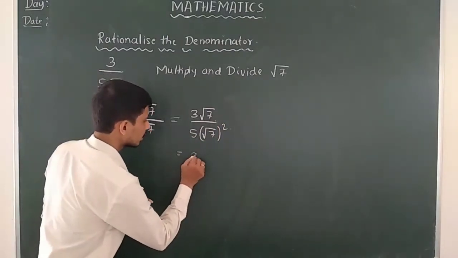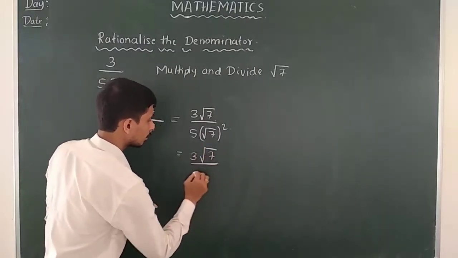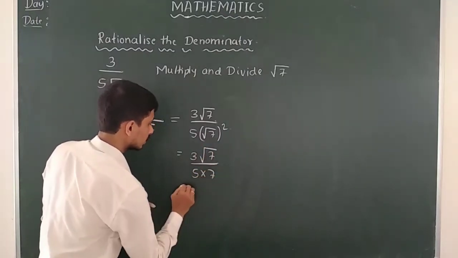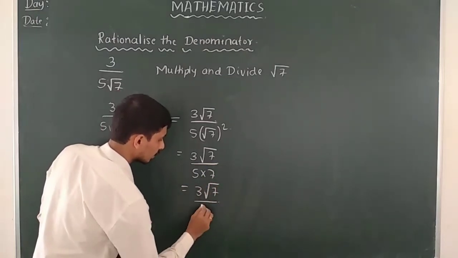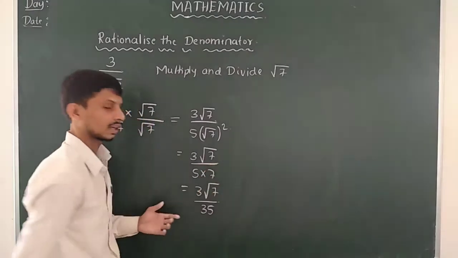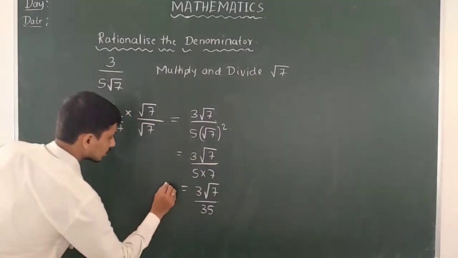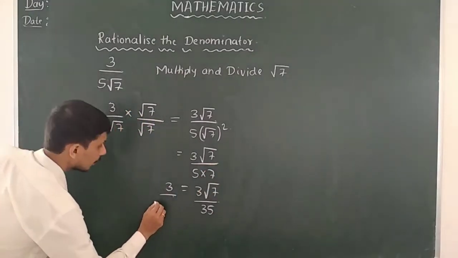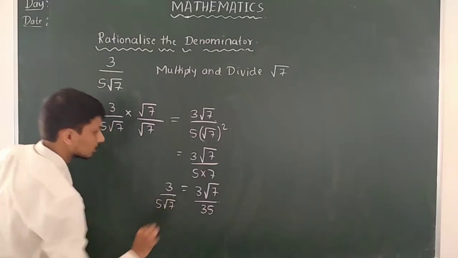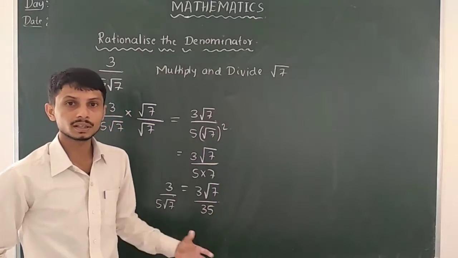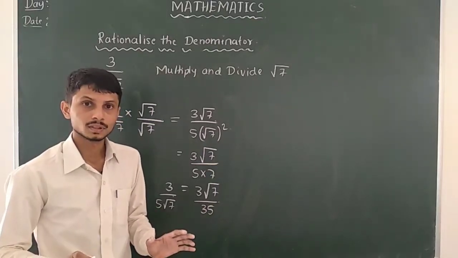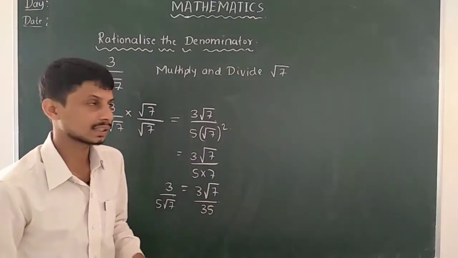So what we get here, 3 root 7 divided by 5 into 7 is equal to 3 root 7 divided by 35. This is the answer for 3 by 5 root 7. The value of the number does not disturb. So let us move on to the next example.